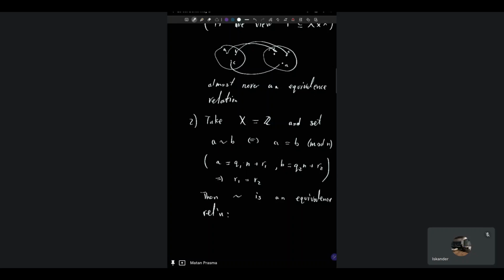So first, we need reflexivity. Reflexivity is immediate. Of course, A is always equal to A modulo N. Symmetry is also immediate, right?